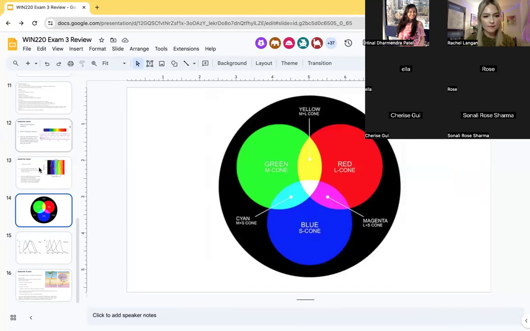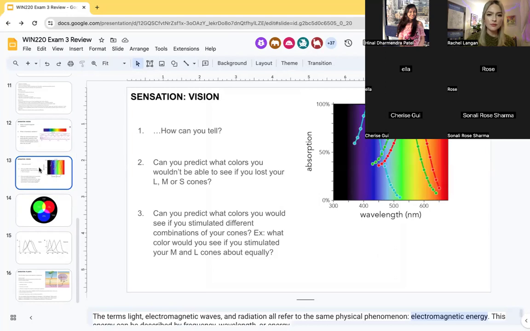Yeah. If you stimulated your M and L cones about equally, then you would see yellow. If you stimulated your S and M cones about equally, you would see cyan.